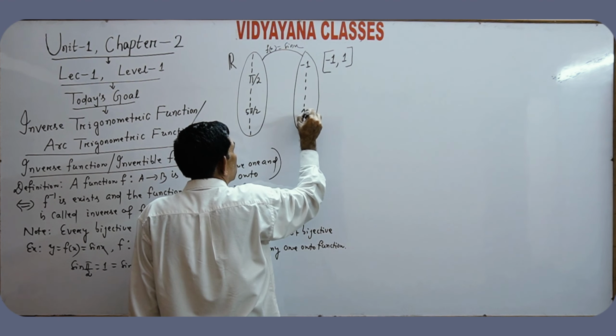Then y is equal to sin x, from this set to this set, is one-one and onto.